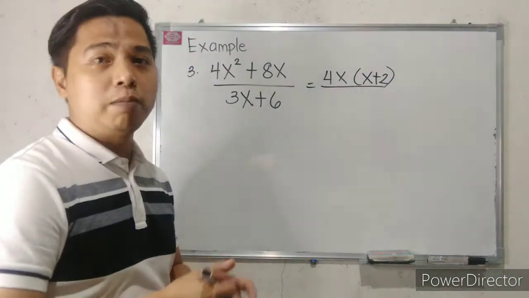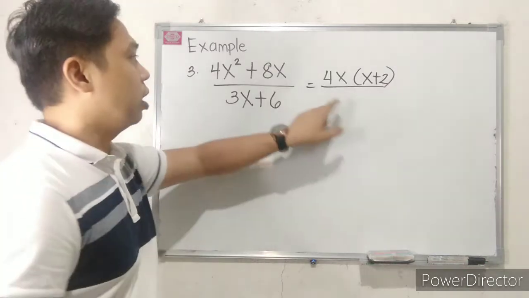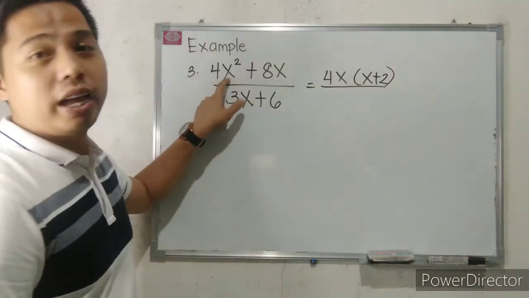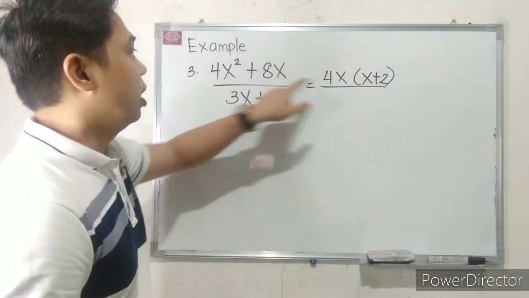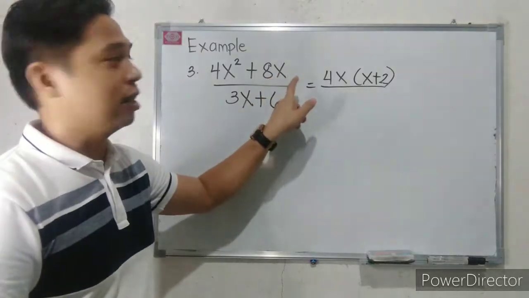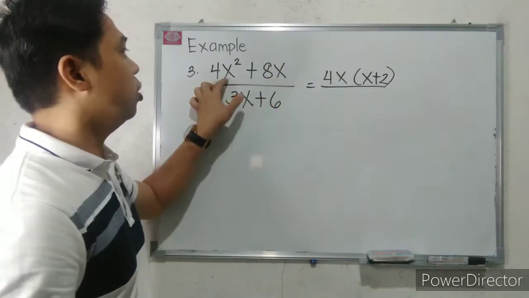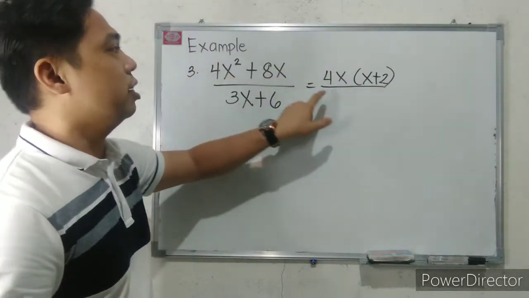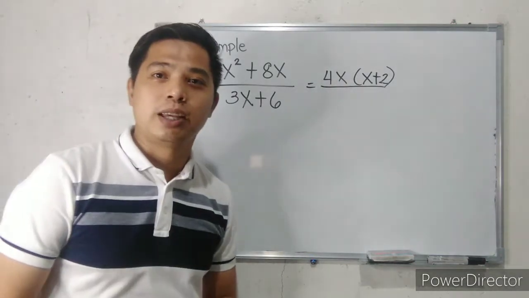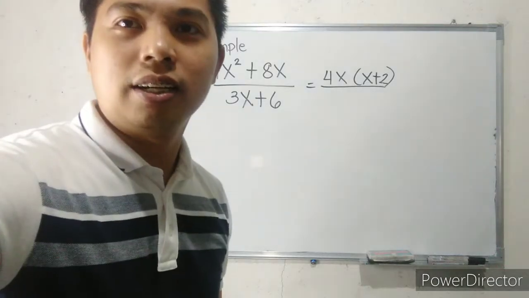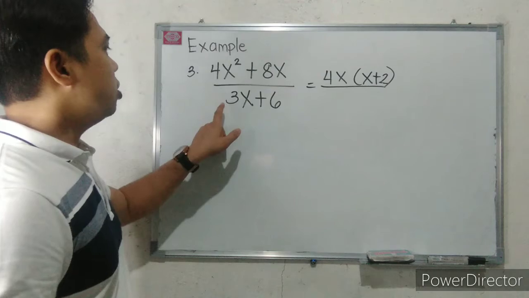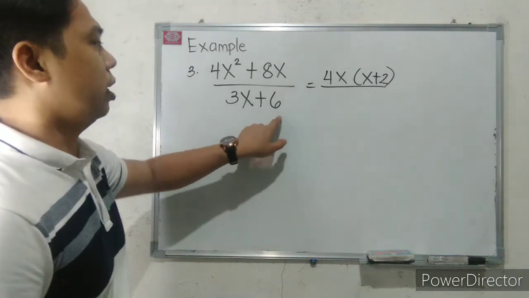Why 4x times x plus 2? Because 4x times x is equal to 4x squared. And 4x times 2 is equal to 8x. That's why the factor of our 4x squared plus 8x is equal to 4x times x plus 2. Okay? So, now, how about this one, 3x plus 6.